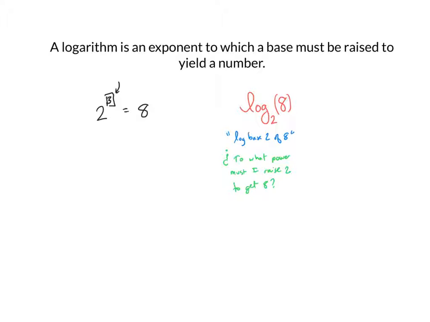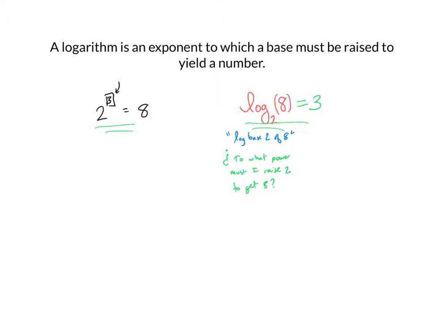So what power do you raise 2 to get 8? Obviously the power of 3. So log base 2 of 8 would equal 3. So do you see that this statement, which is asking what exponent you'd have to raise 2 to get 8, and this, which is asking the exact same thing, are really synonymous.